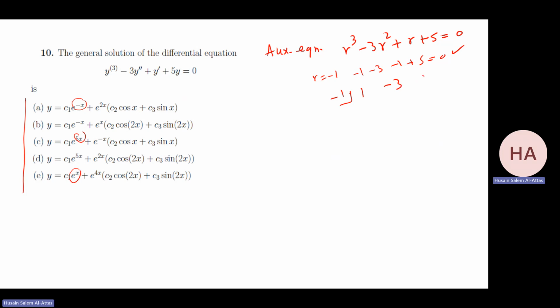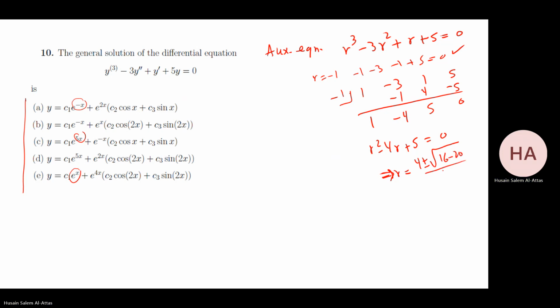So do the synthetic division. Reduce it. That will be 1, minus 1, minus 4, 4, 5, minus 5, 0. So this one will be r squared minus 4r plus 5 equals 0, which means r equals what? 4 plus or minus the square root of b squared, 16 minus 20, over 2. So it will be 2.